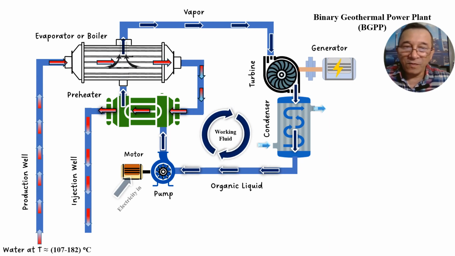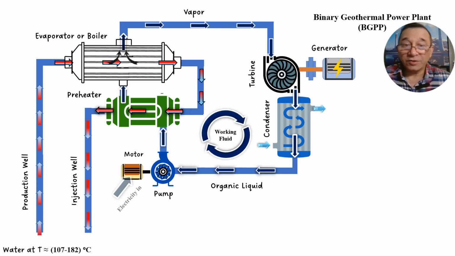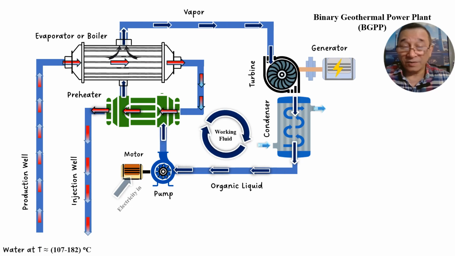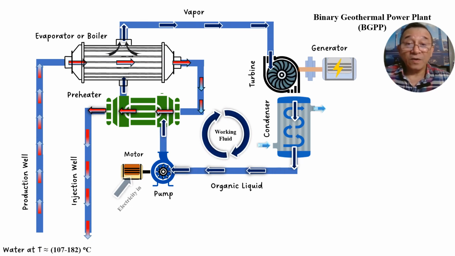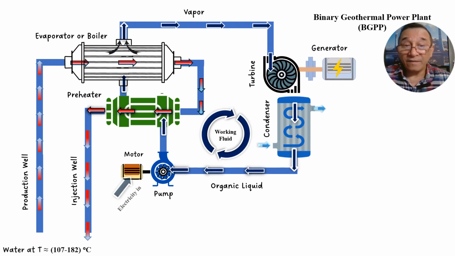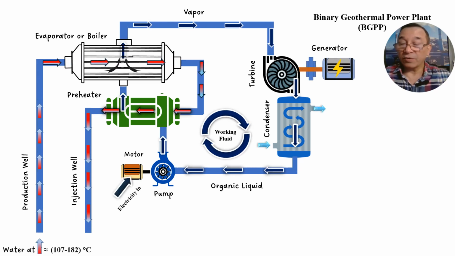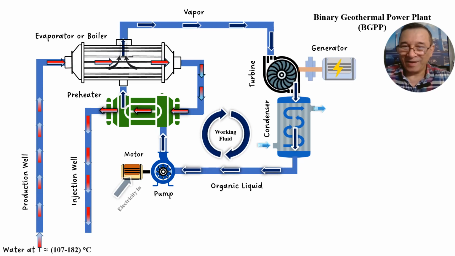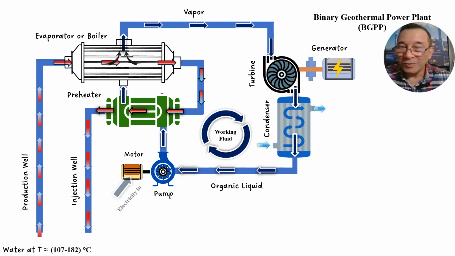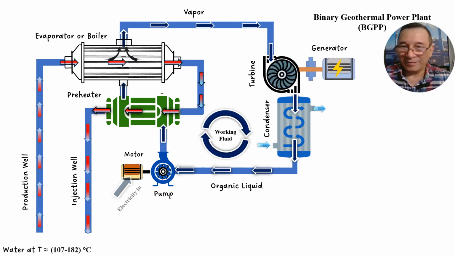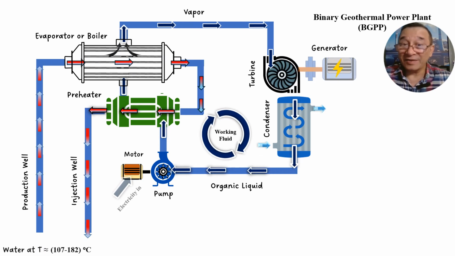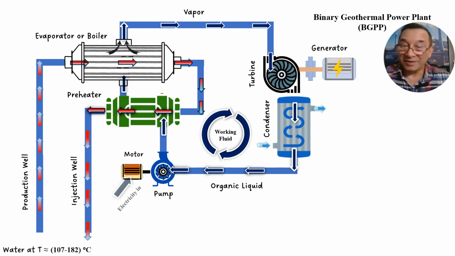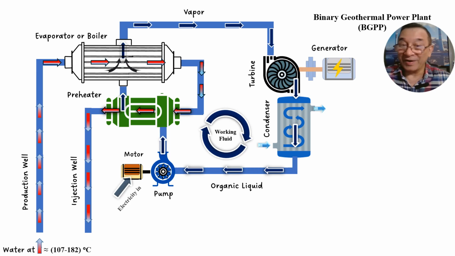The fluid, which is usually an organic fluid such as normal pentane or isobutane, is vaporized and then passes through the turbine, which produces rotating energy that is transmitted to electricity by passing through the generator.